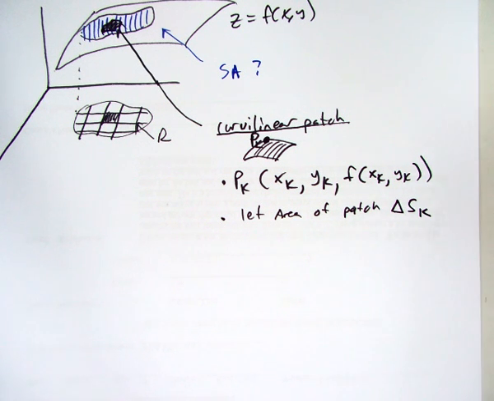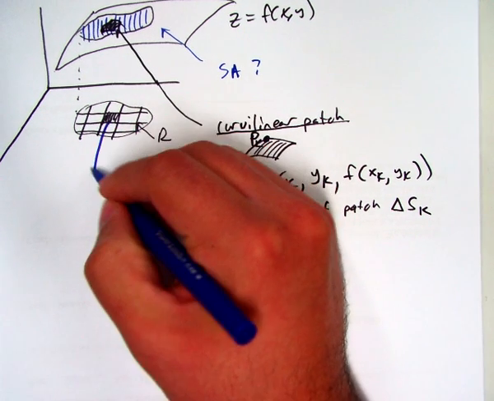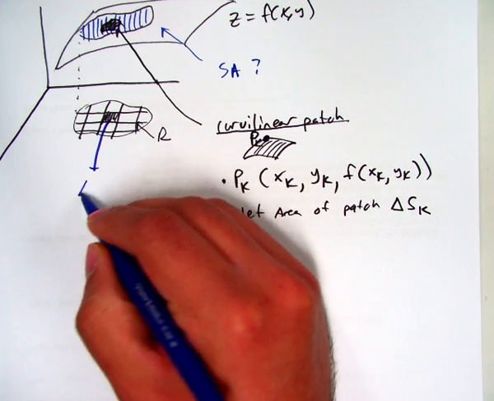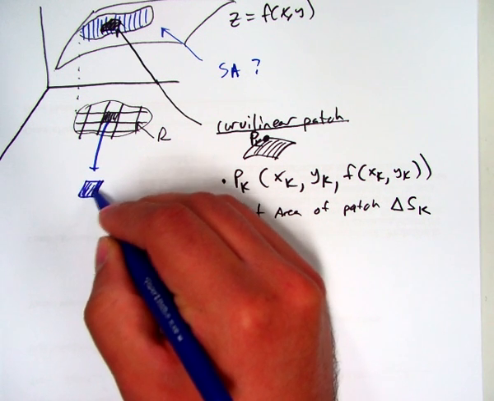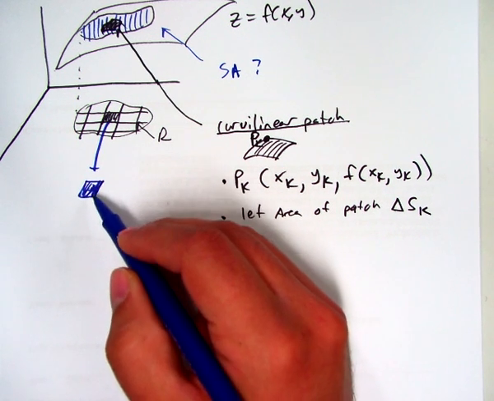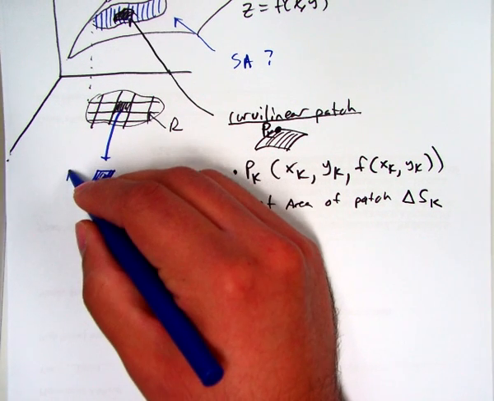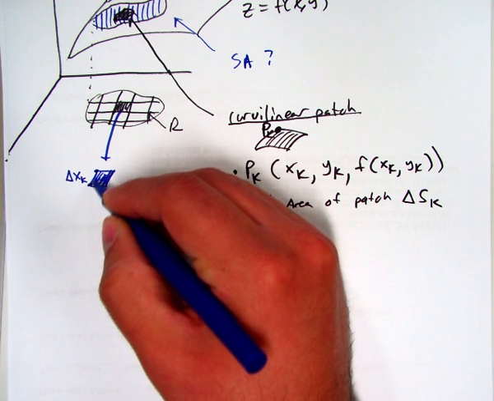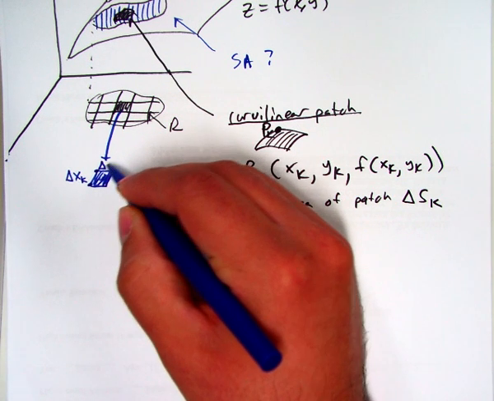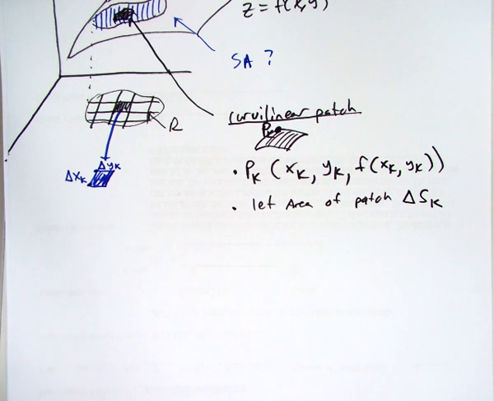Now, down here, this is a rectangle, and we're going to have delta x sub k be this width in the x direction, and then delta y sub k be the width in the y direction.